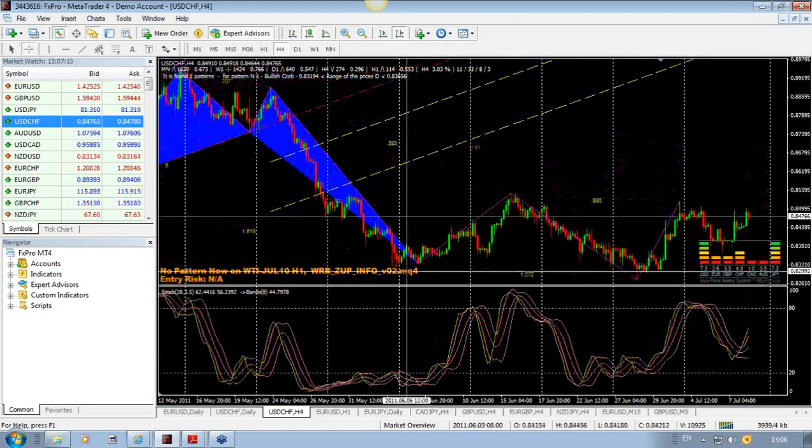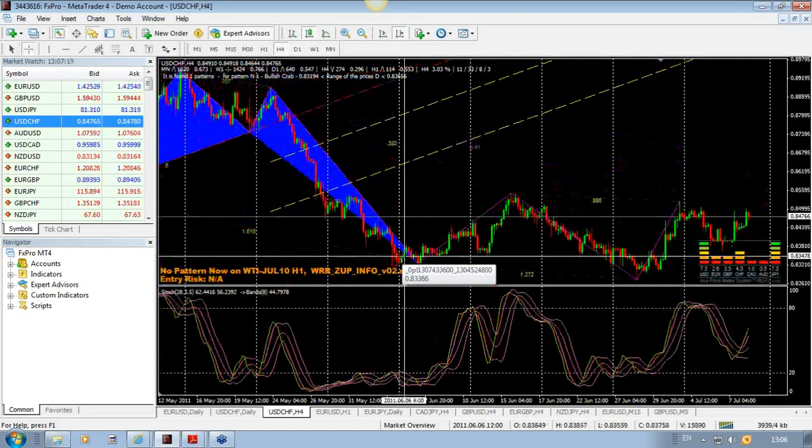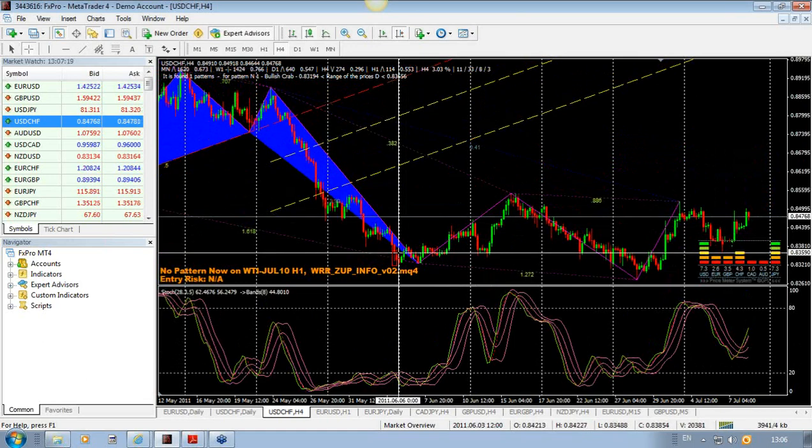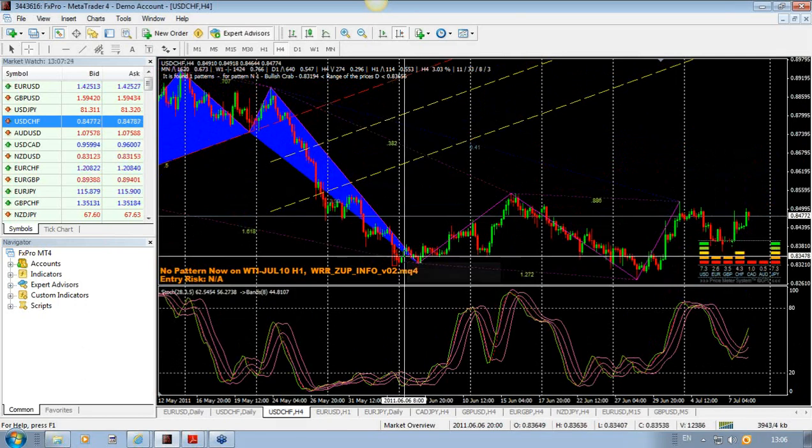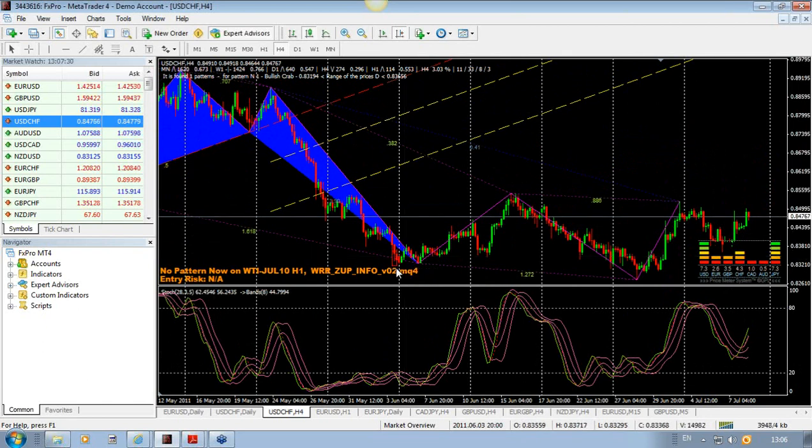When he has number 3, even without harmonics, he looks for the first bullish candle and enters the position. The stop loss is just a few pips below the last low or last high, which is very, very tight.